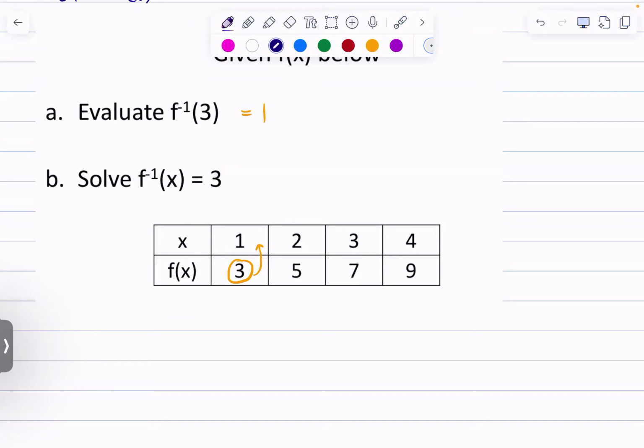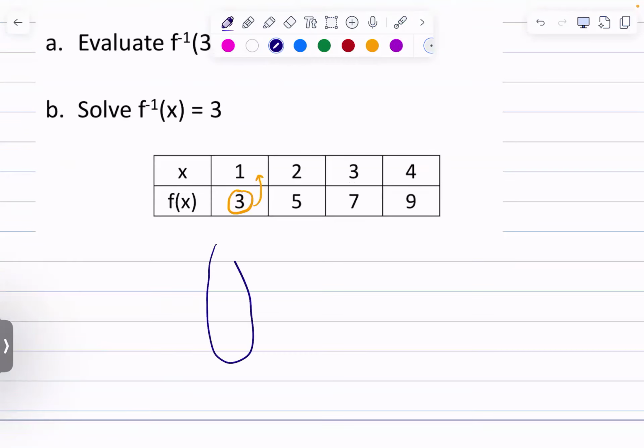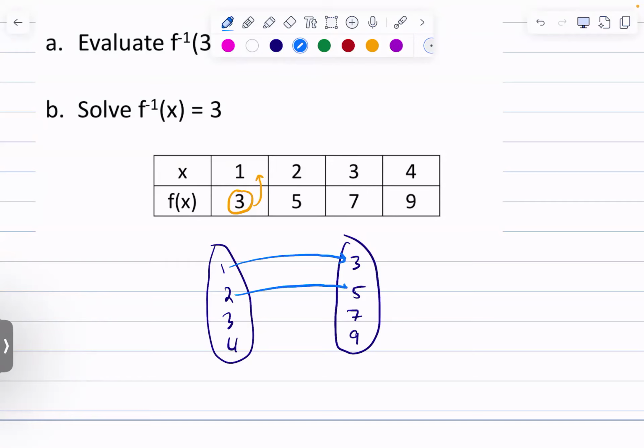So if you wanted to, you could visualize this function as 1, 2, 3, 4, with the outputs 3, 5, 7, 9. And the original function f of x goes like this, which means that the inverse goes the other way.